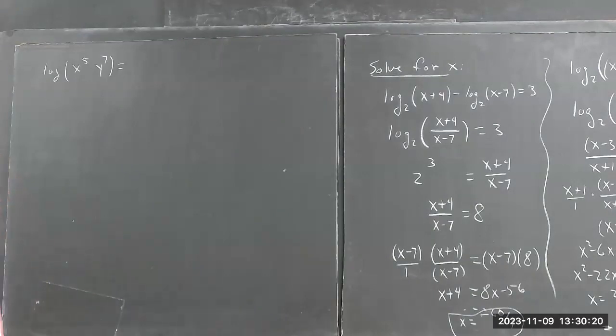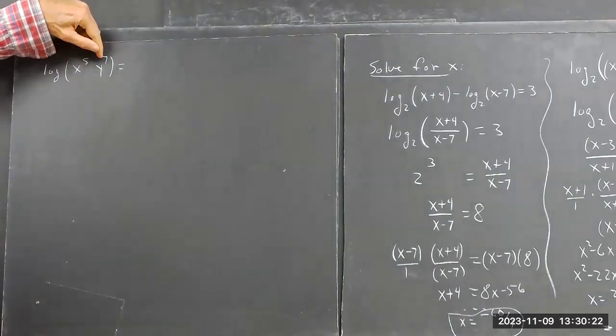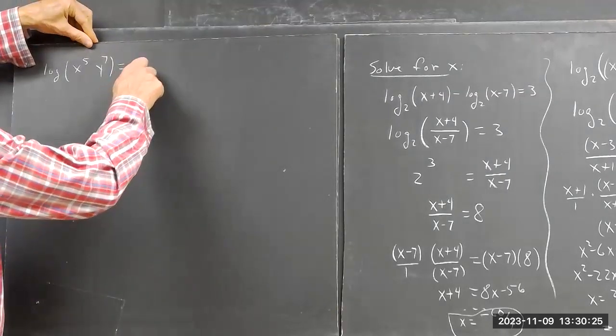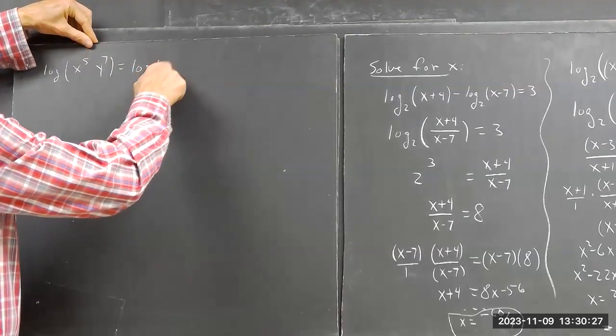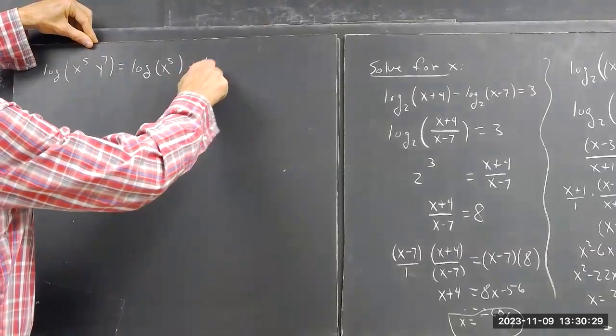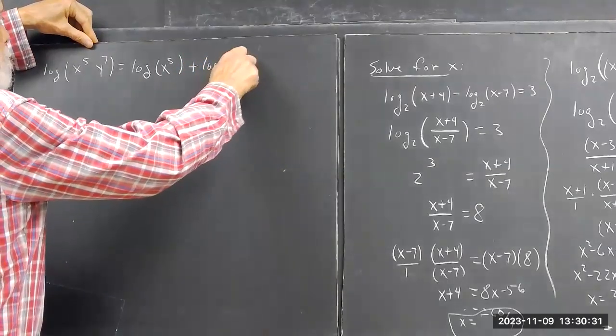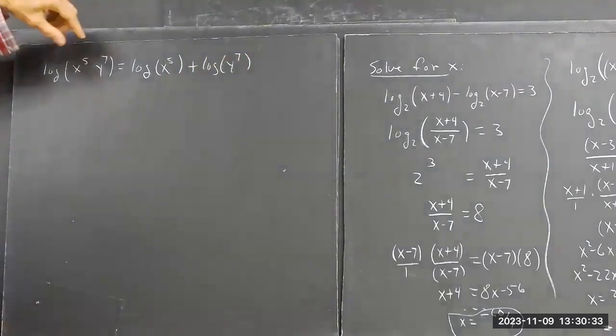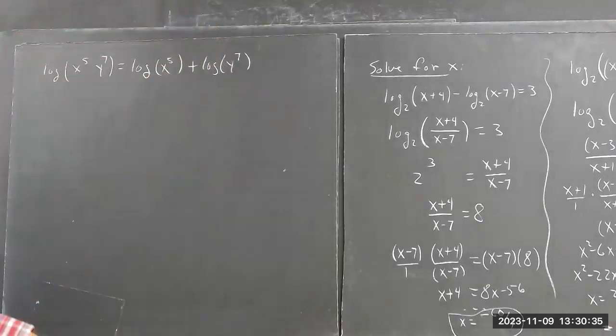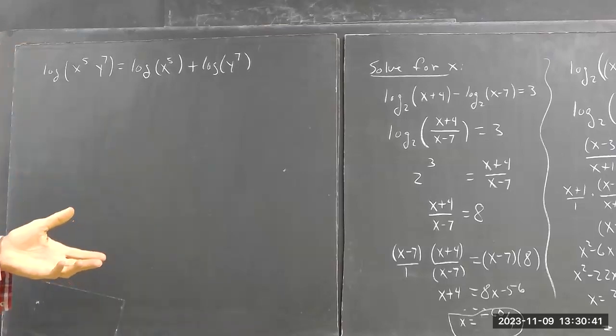Okay, first of all, you got the log of something times something. That's going to be the log of the first something plus the log of the second something. Okay, so you can immediately apply this rule, and you don't even have to worry about the exponent. Now you can worry about the exponent.